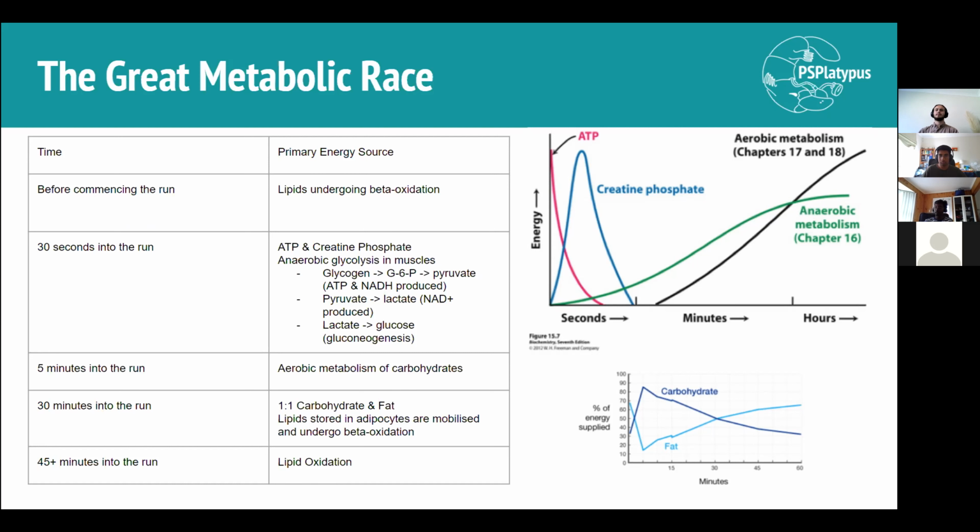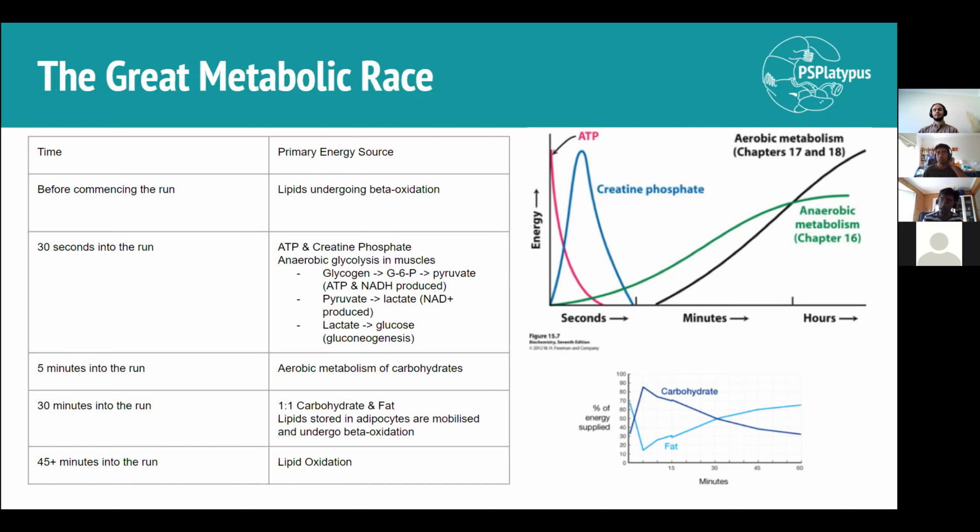So typically at rest, you're going to have fats contributing the majority of the energy because it's a high density energy source, and at rest you don't need energy to be produced very instantaneously and very quickly.